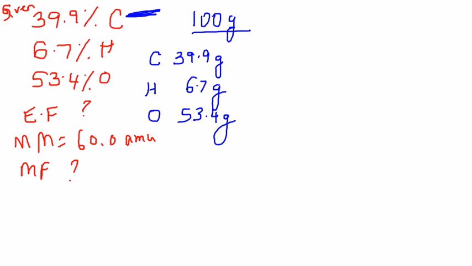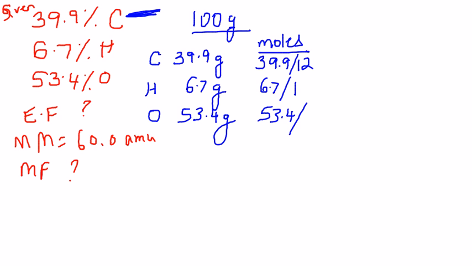Now, if you were to determine the number of moles, we are going to take exactly the same steps that we have taken before. In order to calculate the number of moles for the case of carbon, you would say it's 39.9 divided by 12. For the case of hydrogen, you would say it's 6.7 divided by 1. For the case of oxygen, you would say it's 53.4 divided by 16. And you would solve that.